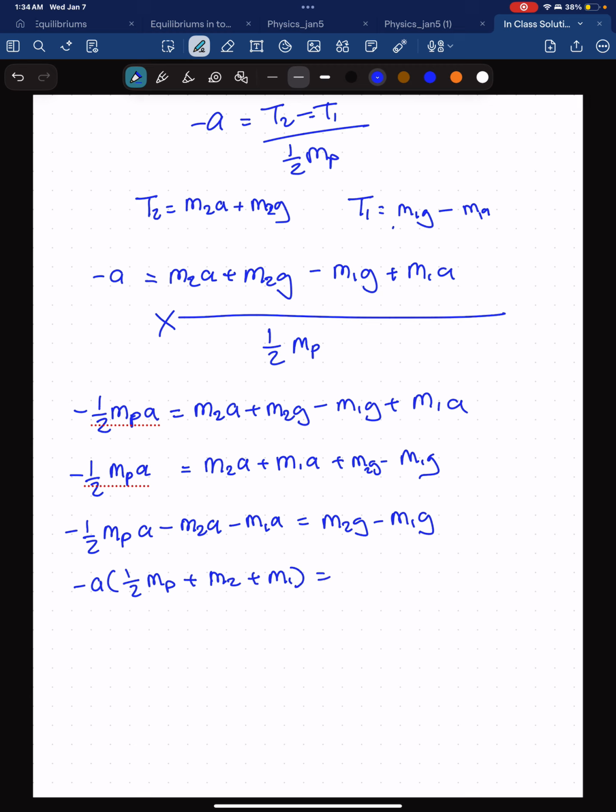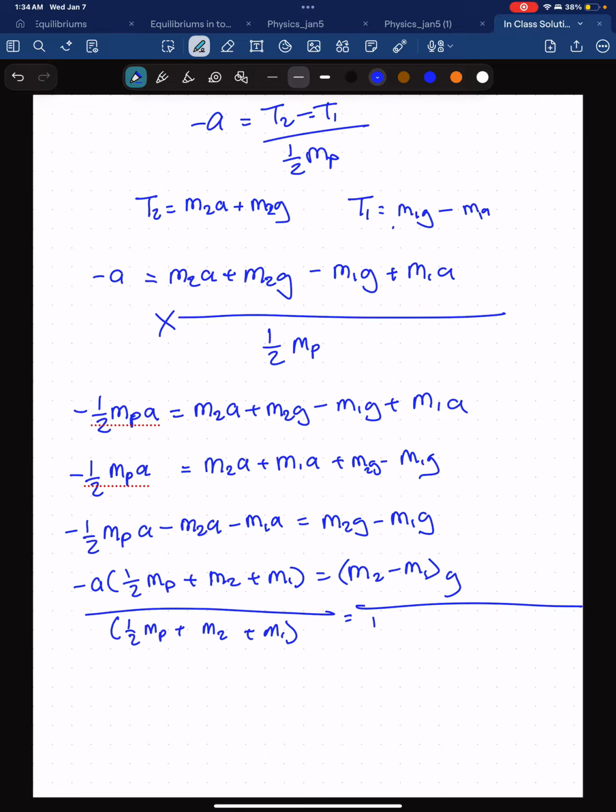It's going to be equal to M2 minus M1 G. I can divide both sides by 1/2 MP plus M2 plus M1.